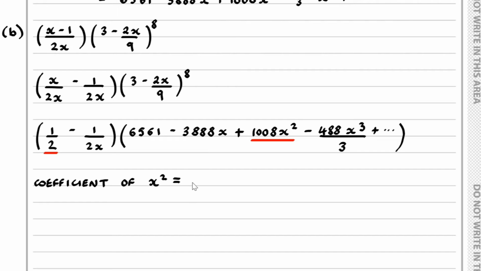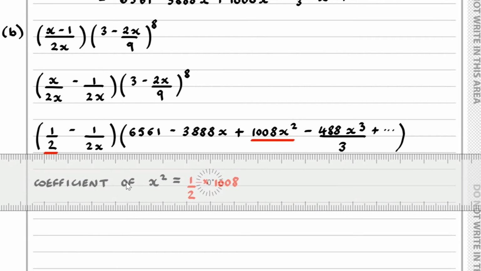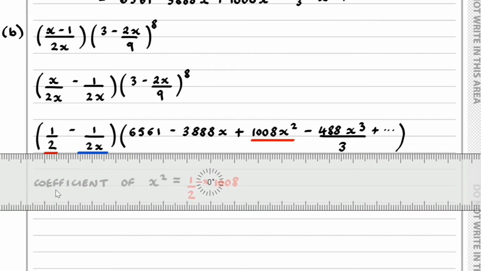So we have 1/2 multiplied by 1008 as a coefficient of x squared. And we would also have the negative 1 over 2x being multiplied by the negative 488 x cubed over 3, because here we've got the x cubed over the x, which gives an x squared.